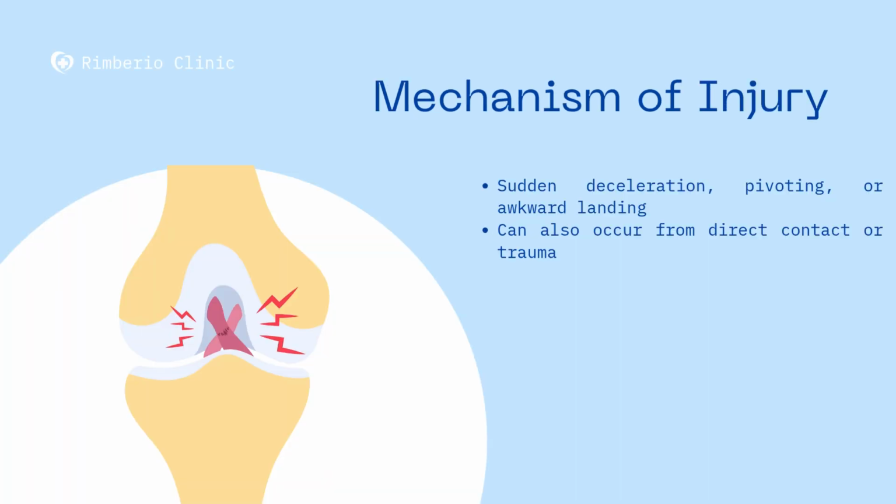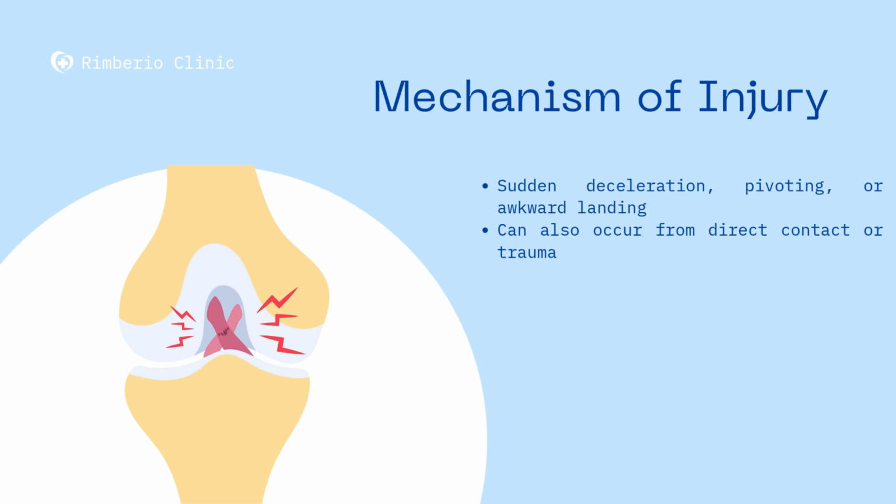Now, the mechanism of injury, I talked about it in the earlier slide, but I want to dive into it a little bit more. When you have an ACL injury, there's a few things that happen. Usually, you have the injury during a sudden deceleration, pivoting, or awkward landing, or planting, as well as cutting. It can also occur from direct contact or trauma, such as when somebody dives at your knee and you have it planted.